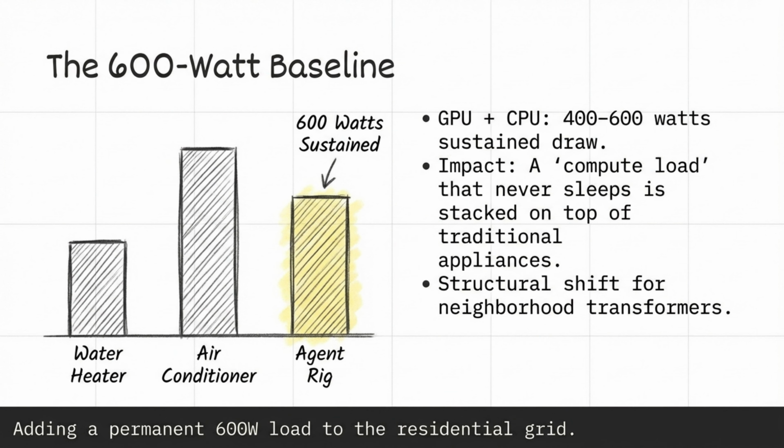Add the CPU and the rest of the system, and a 400-600 watt sustained draw is completely normal. In the past, the main stars of residential load were air conditioners and water heaters. Now, you're stacking on top a compute load that basically never sleeps. For neighborhood transformers and household connection limits, that's a structural shift.